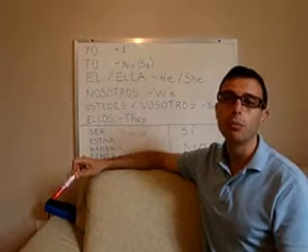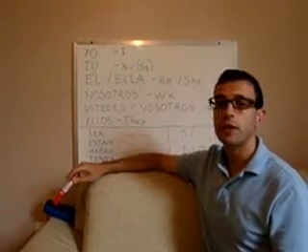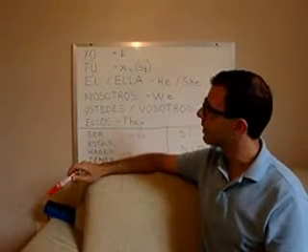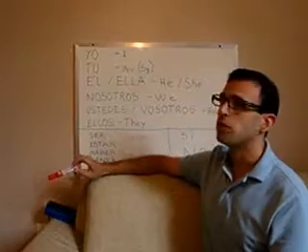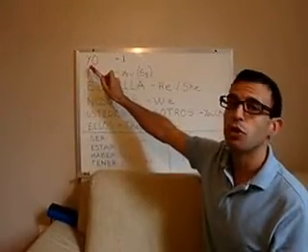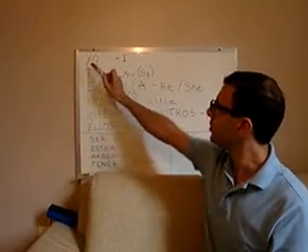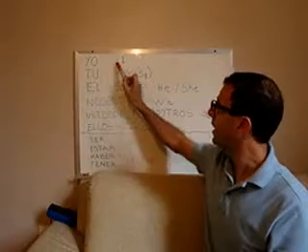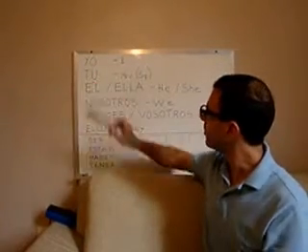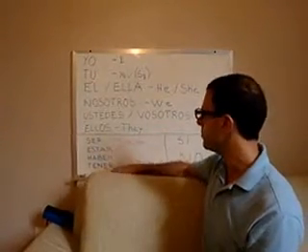Some others, mostly, pronounce it like y. So let's better use y. So this would be yo. Yo would be I. Tú would be you.